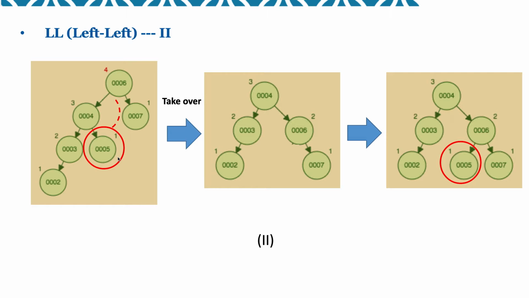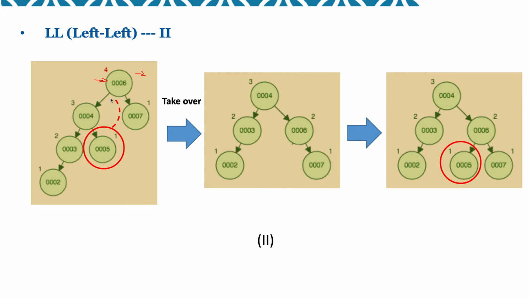In the second case, you can see it's a little bit more complicated, but it follows the same rule. In this case, every node is balanced except this node, right? This node has heights 3 and 1, so the balance factor would be -2. So in this case, a right rotation is to be performed.